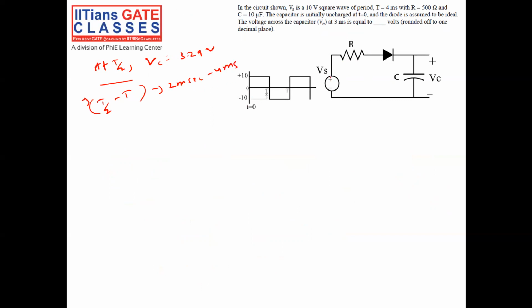At that point the capacitor is at 3.29, so the diode will be reverse biased, because just at T by 2, V anode is equal to minus 10 and V cathode is 3.29. So the diode is reverse biased. What is the equivalent circuit?